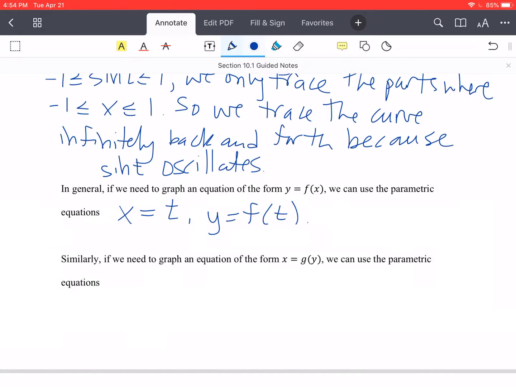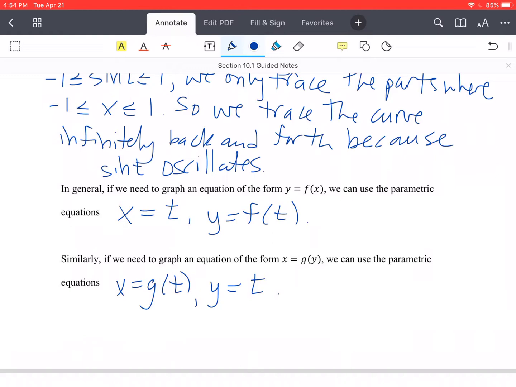Similarly, if you want to graph a function in terms of y, you just let y be the parameter, so y equals t, and then x is a function of t. And that would give you a function in terms of y.